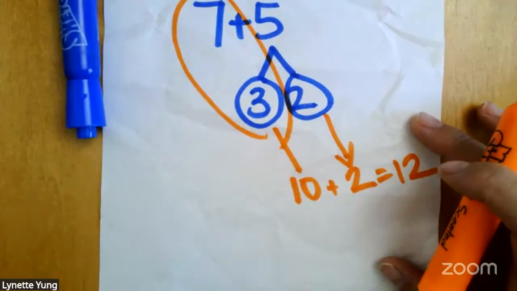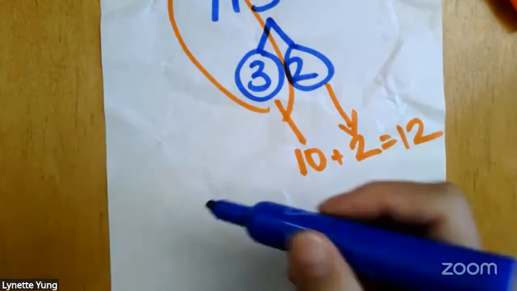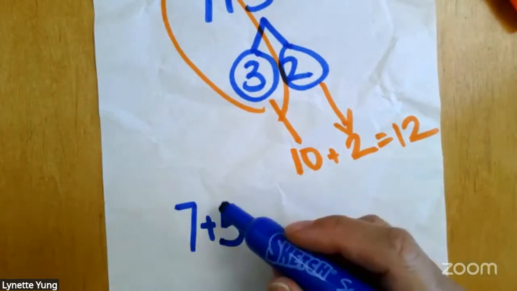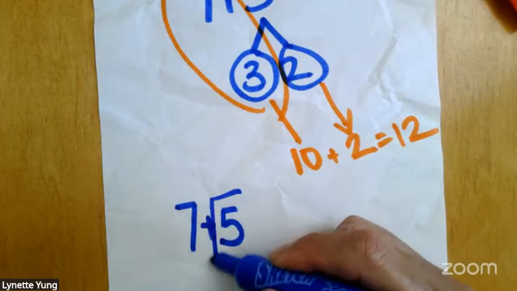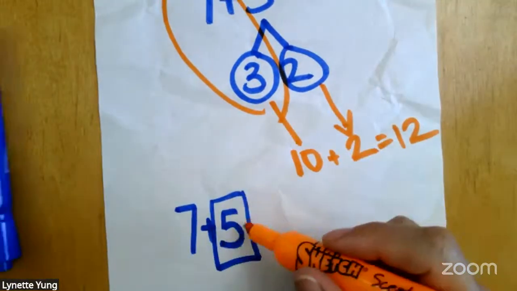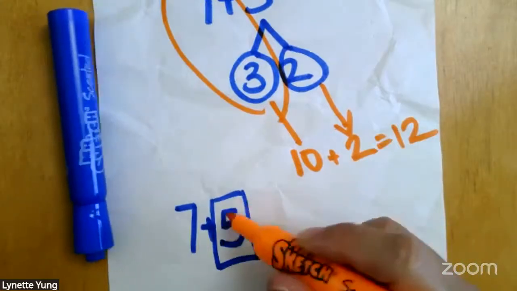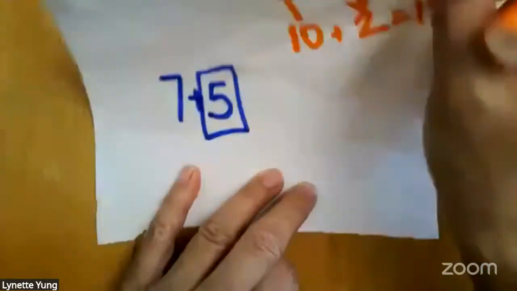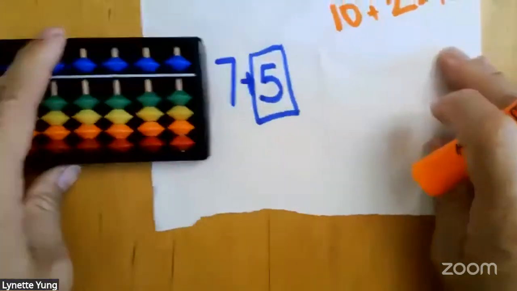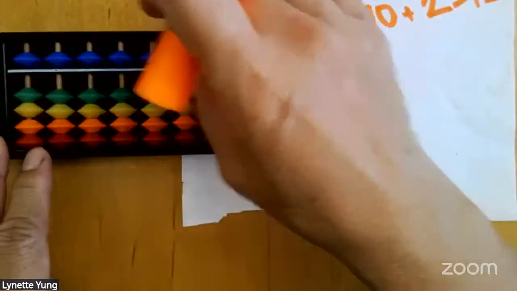Because in abacus world, let me rewrite it. In abacus world, what we do is 7 plus 5. Because we want to add the 5, we say, well, how do we get 5 into 10? So we have 7 on the abacus, like this.